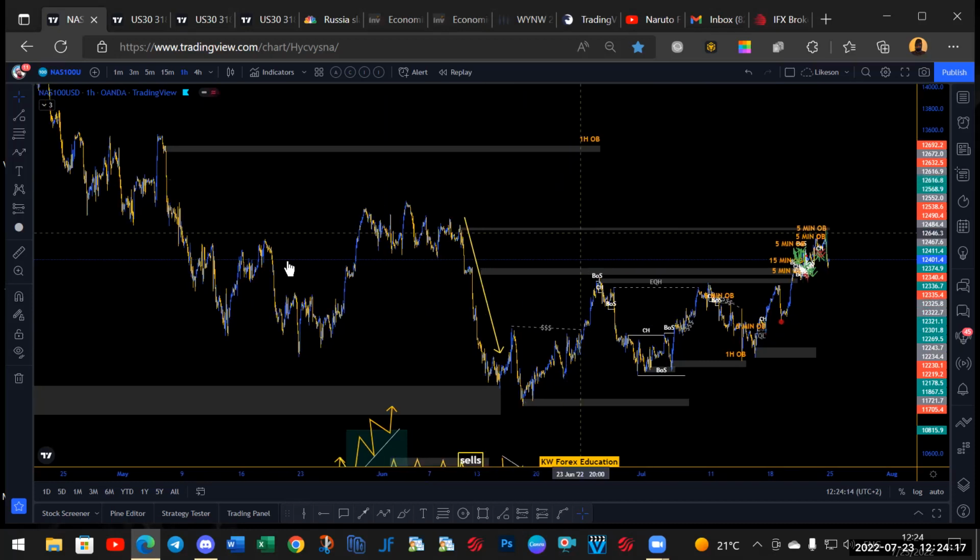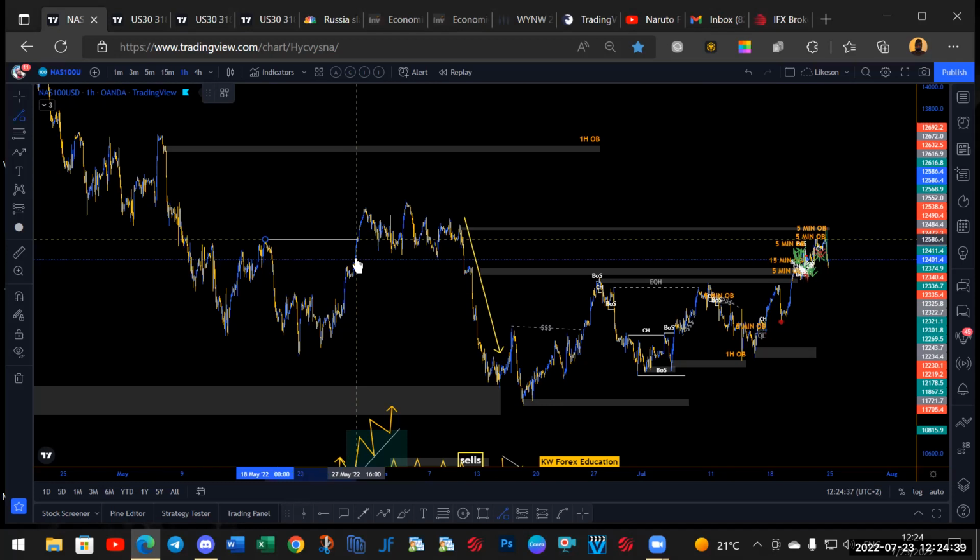Here's why. At this point, let me just start from here, right? So as price was going down, making those lows, then here it made that change of character. Here it made that change of character. Guys, I'm presuming you already know well how to mark your higher highs and higher lows.